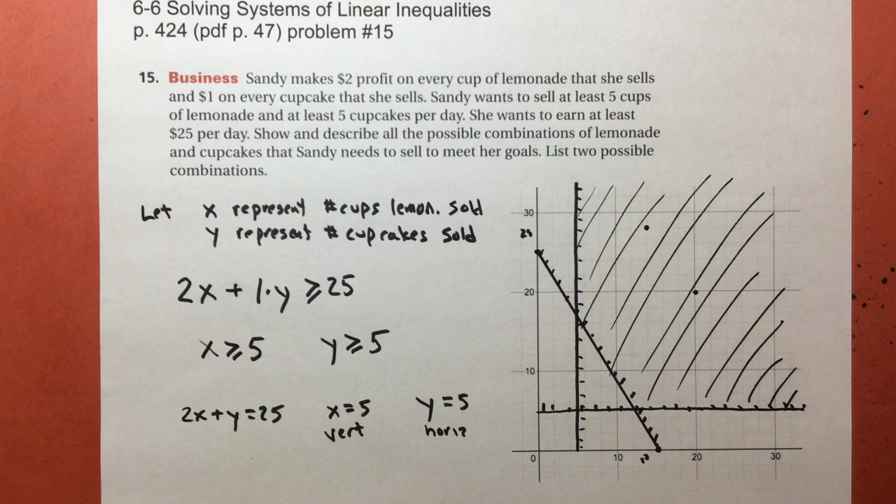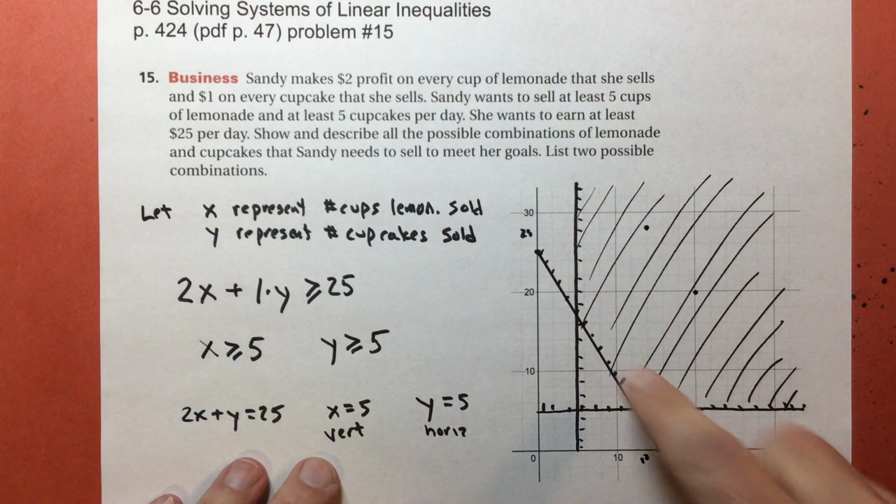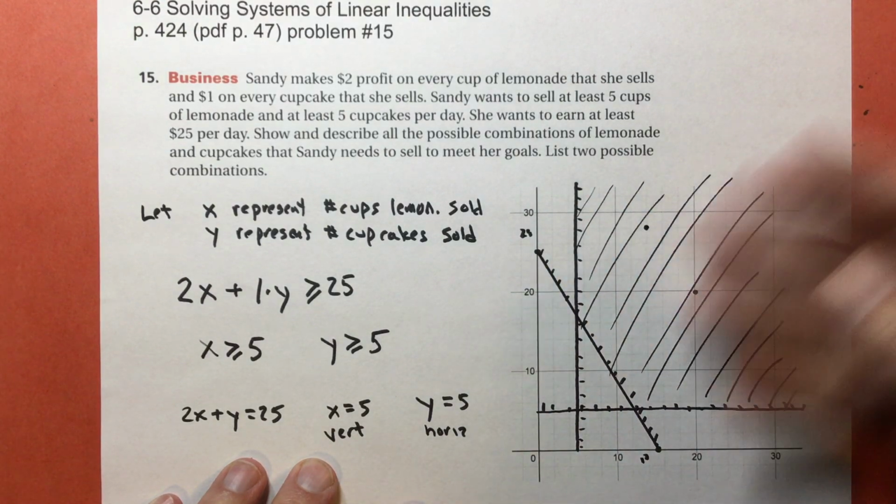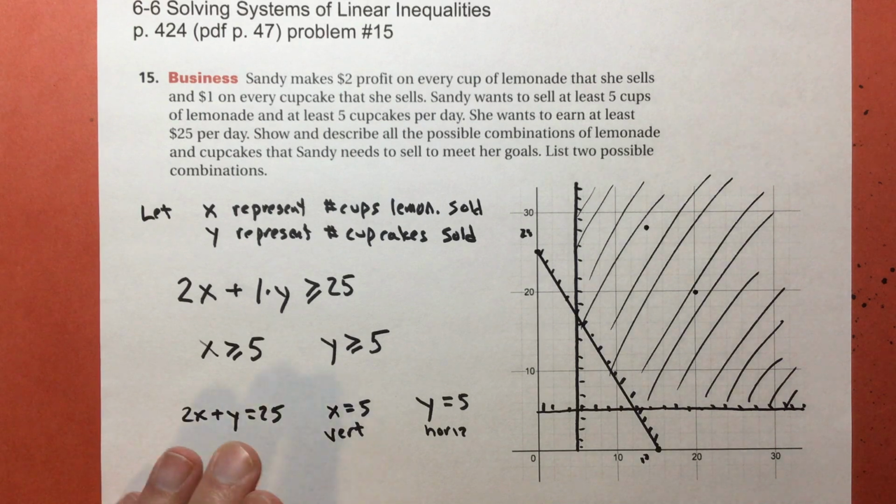All right? It'd be great if she could. She could sell an infinite number of cupcakes and make infinite money. But there's a time constraint for how many cupcakes she can make in a day. There's also a space constraint. So there's some things that are going to box this in, so it's not going to be open like it is right now.